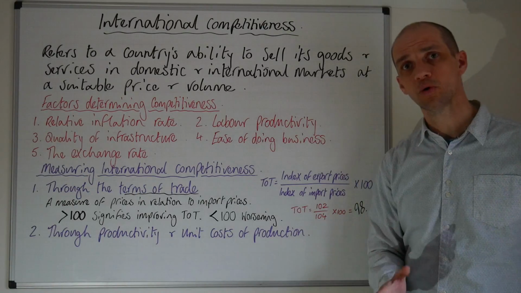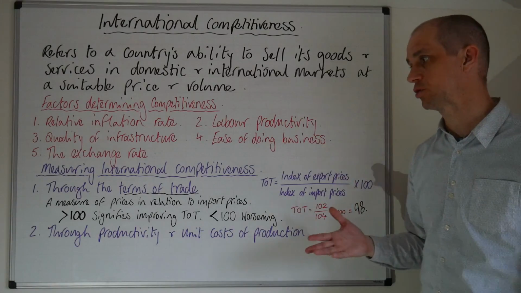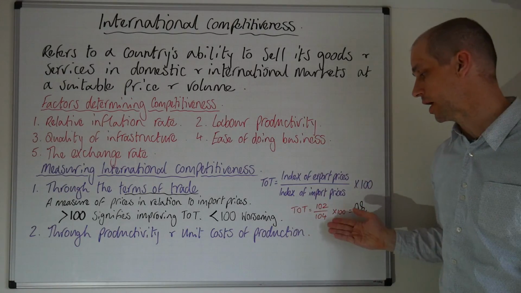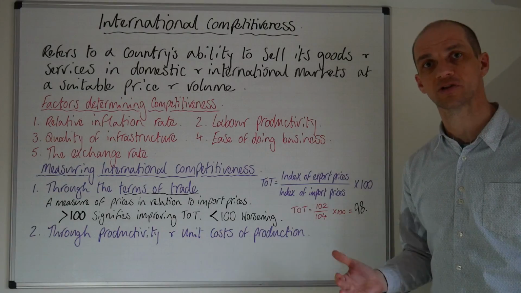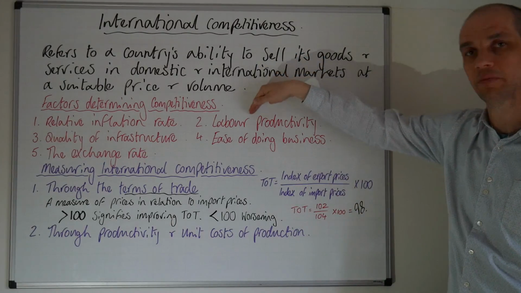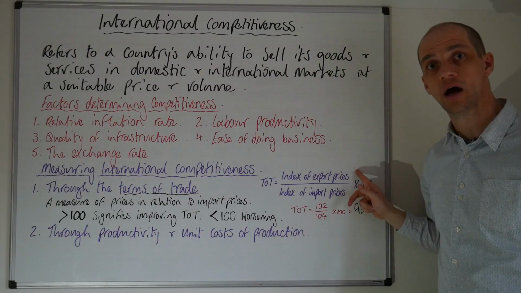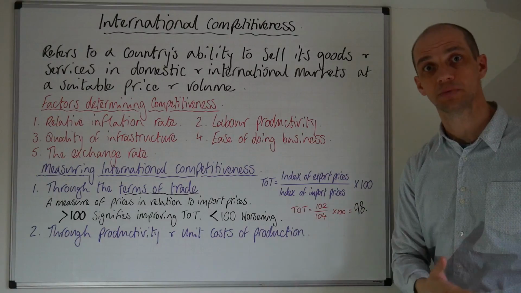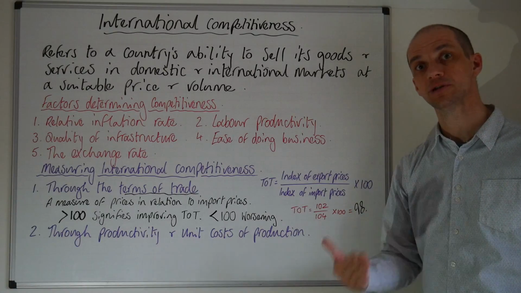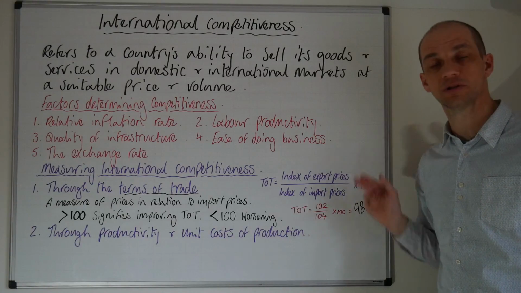You'll do more work on the terms of trade as a concept within the international economics area. It's an important one just to get to grips with. But just come back to these points. If you boost labour productivity, you can see that actually that's going to reduce your export prices, because the labour force will be able to produce those goods more cheaply, more quickly, and therefore the supply would increase.